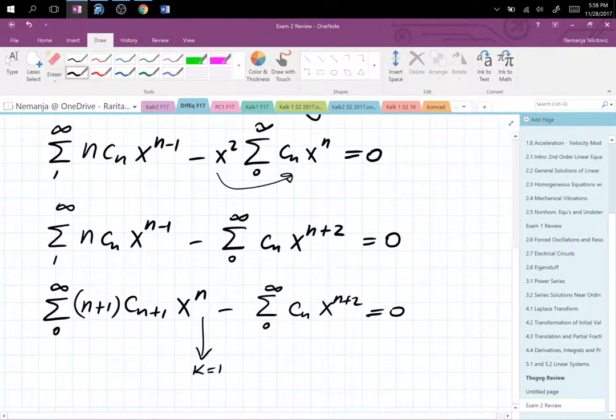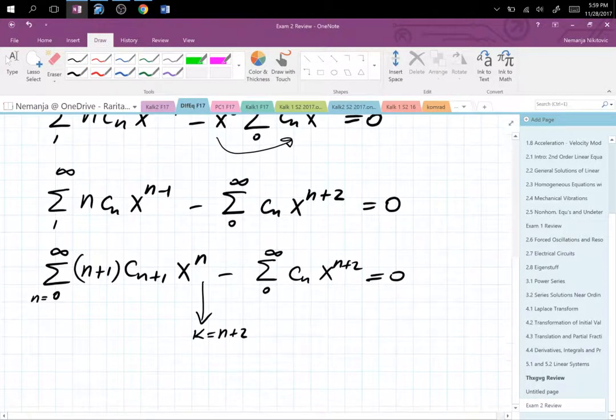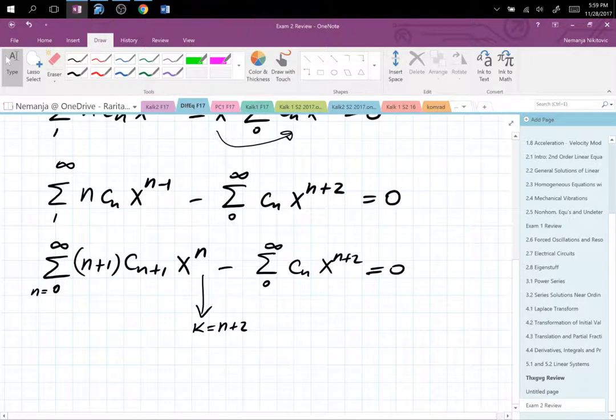Now, is this going to help us? This is n equal to 0, that's k plus 2. No, n needs to be k plus 2. I had it right. So this one is going to go backwards here to negative 2, right? That's bad.